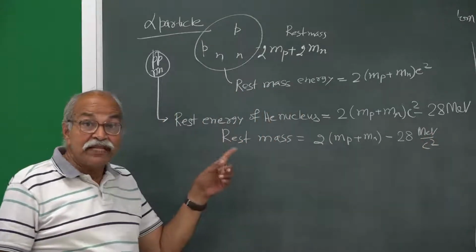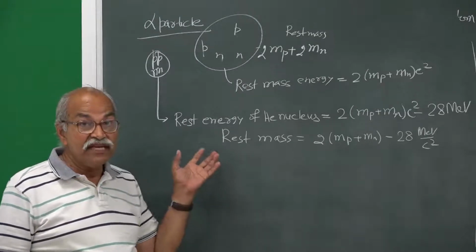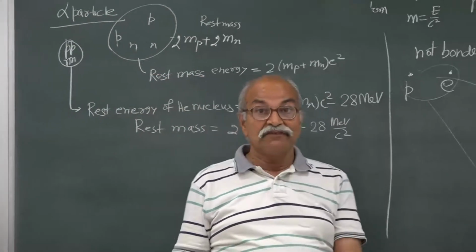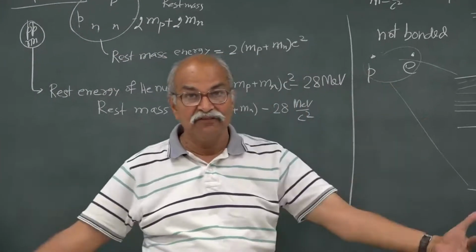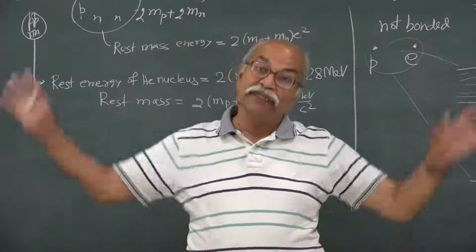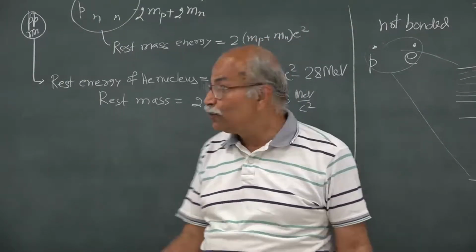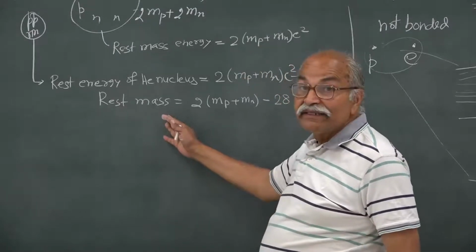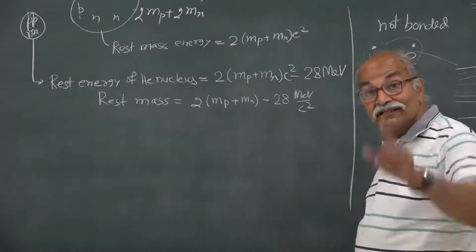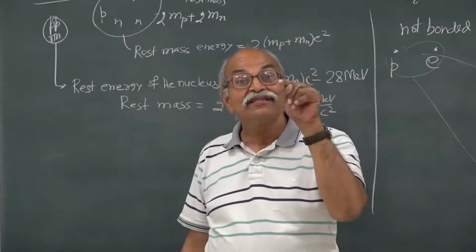And these are experimentally measured quantities. You can very accurately measure the mass of a proton, the mass of a neutron, the mass of an alpha particle. You have instruments and methods. Very accurate measurements are available for all the nuclei, and from those measurements we know that the rest mass of helium is about 28 MeV/c² less than 2 times the proton rest mass energy plus 2 times the neutron rest mass energy.